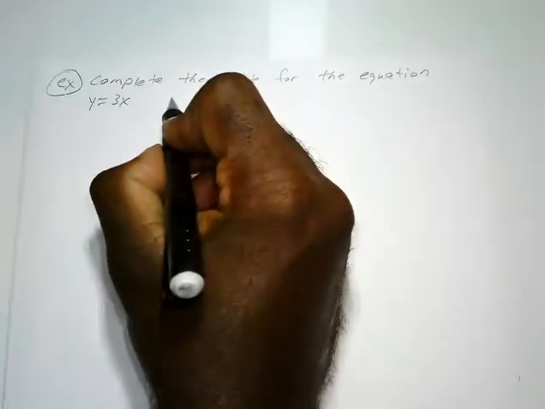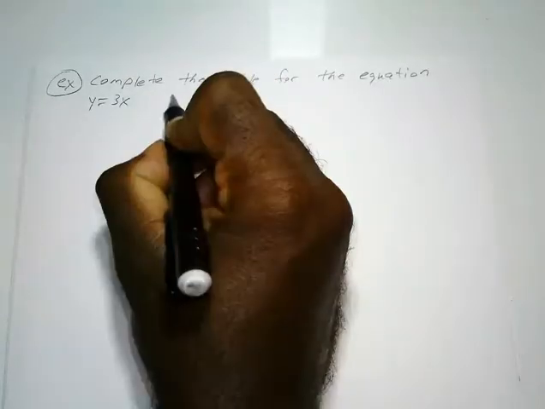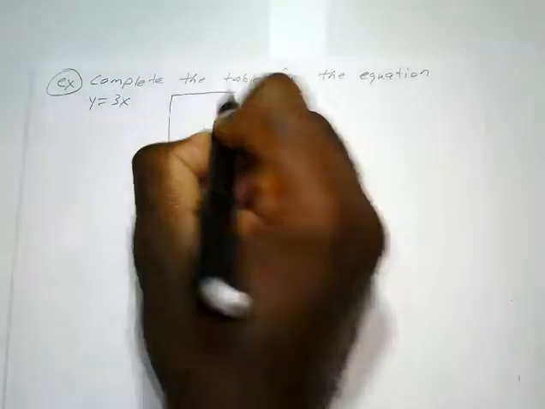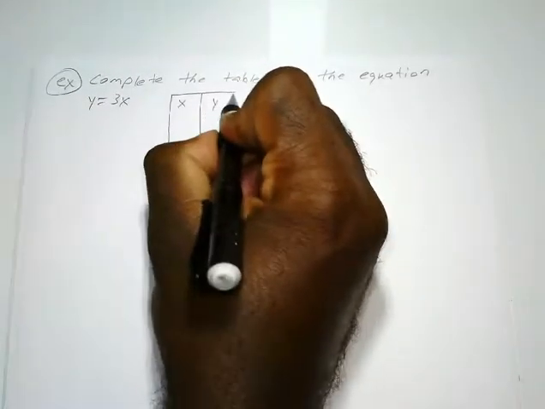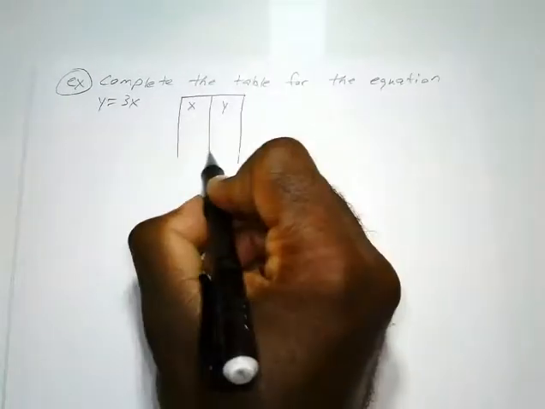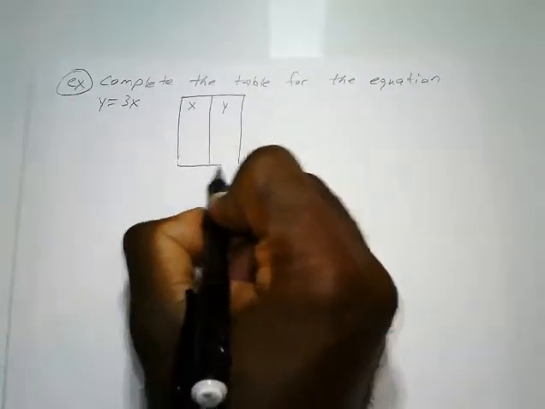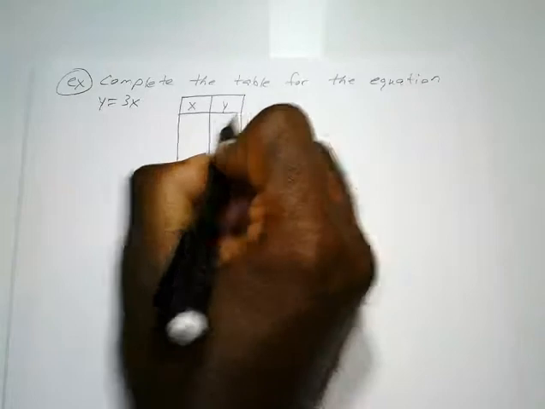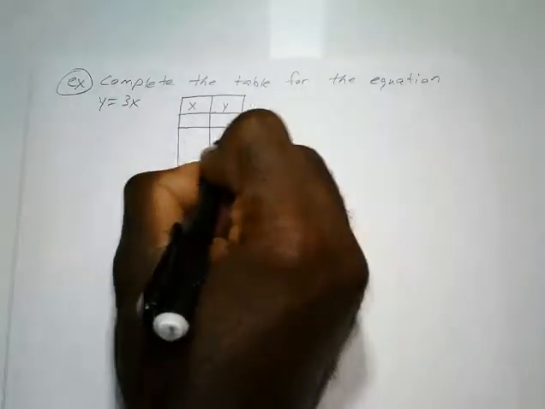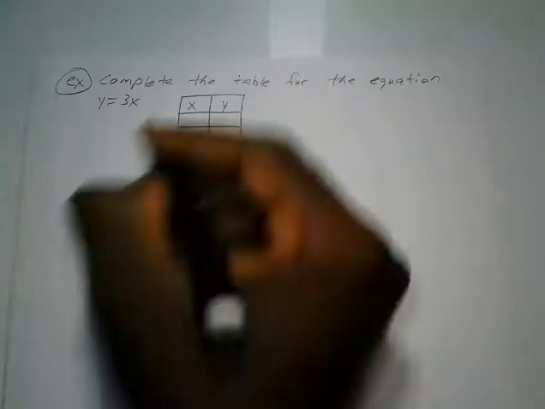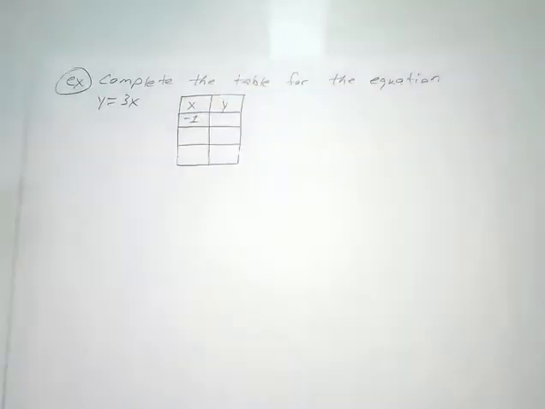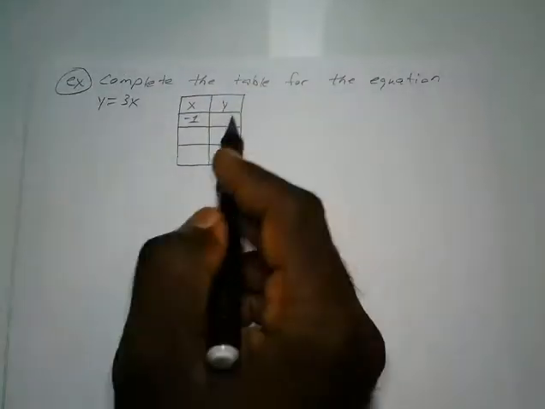Okay, and let's say that our table looks like this. Let's say here you have -1, but nothing to the right.